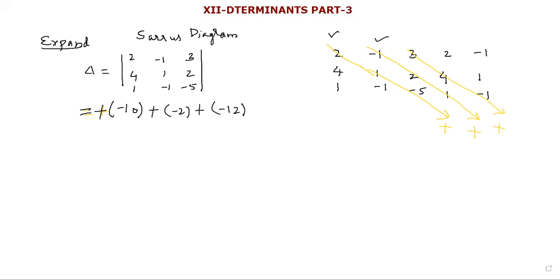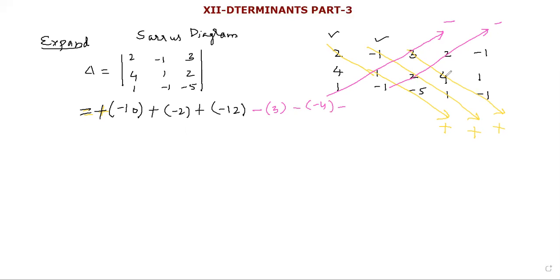Okay, got it. Then we will go from this corner and multiply upwards these three numbers, but taking minus sign. So take minus sign and multiply these three numbers: 1 into 3, 3. Then again minus sign, multiply these three numbers: 2 into 4, 4 into minus 1, minus 4.